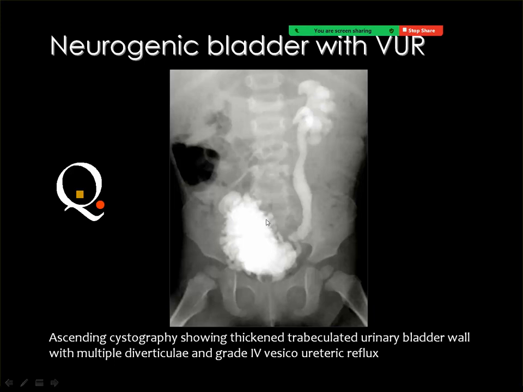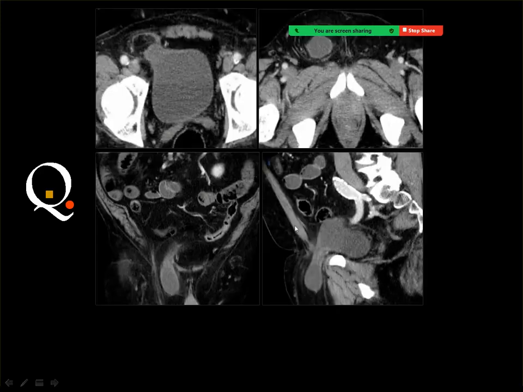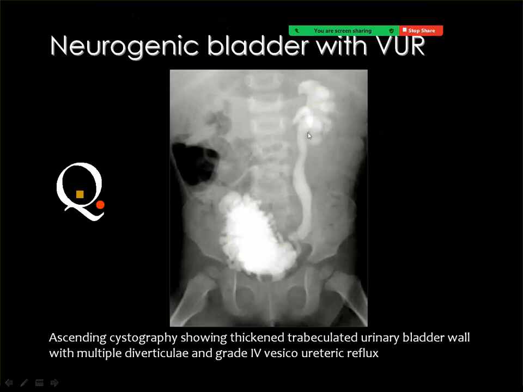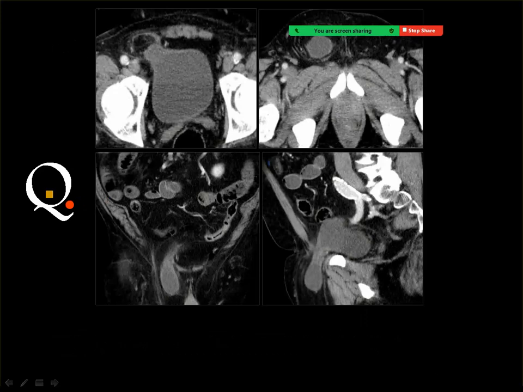You see the marked trabeculation and thickening of the wall with diverticular outpouching, and consequently you got grade 5 vesico-ureteric reflux, or maybe grade 4, because the ureter is not that tortuous. Grade 4 vesico-ureteric reflux. The next case is a series of CT scans after contrast injection for the lower abdomen and the pelvis.